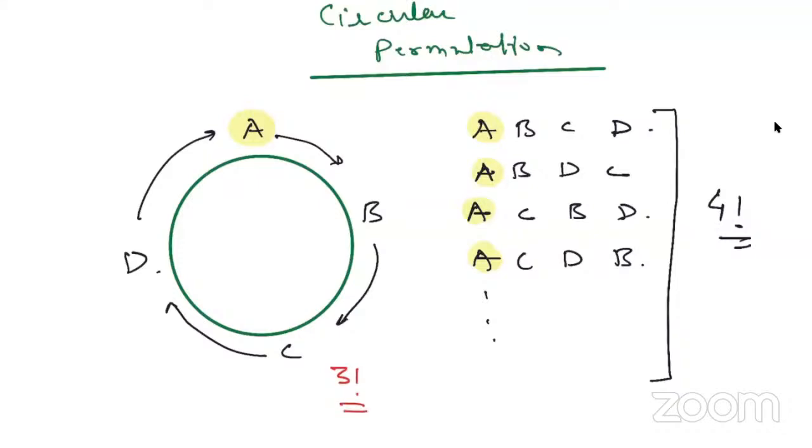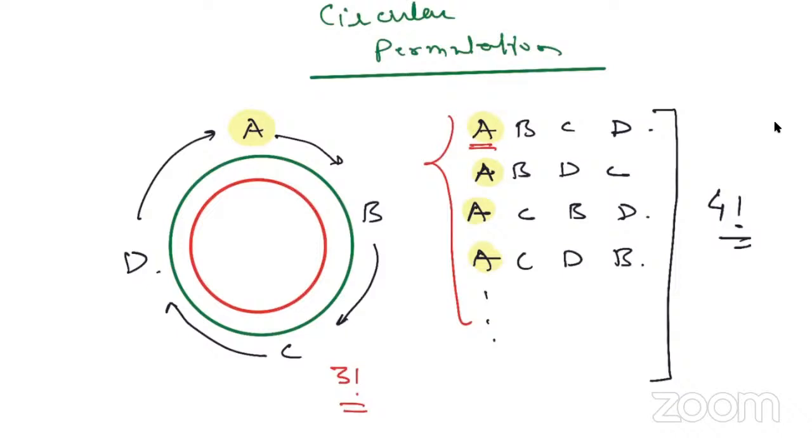Because in linear form it starts with A, but in circular form, it will not start with any A or B or C or D. So we have to fix one position.